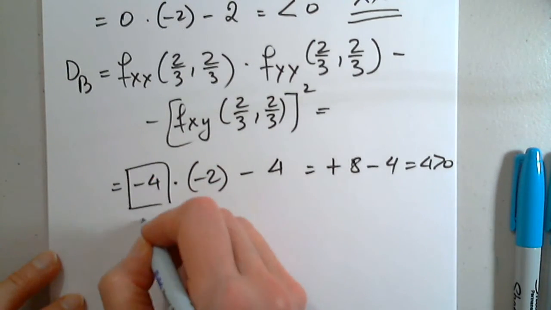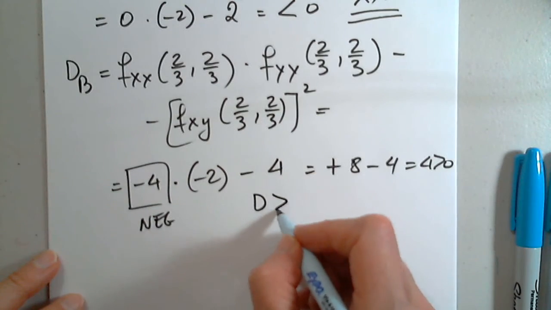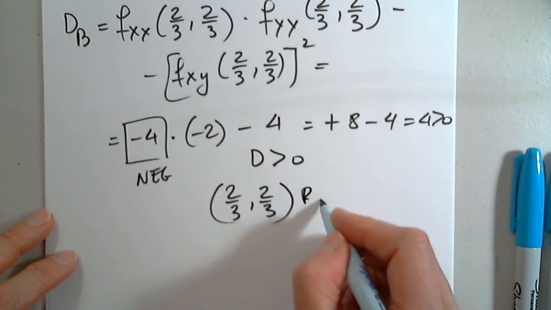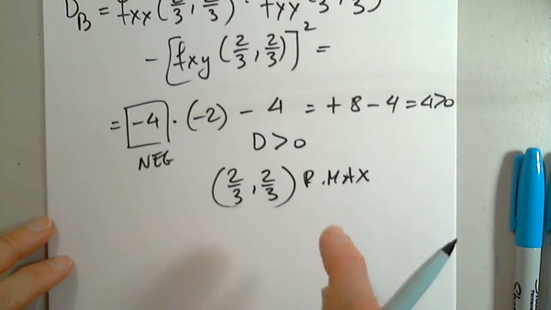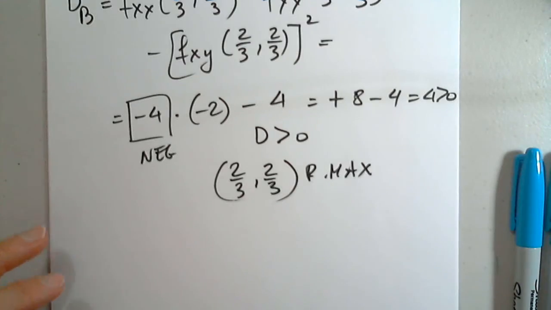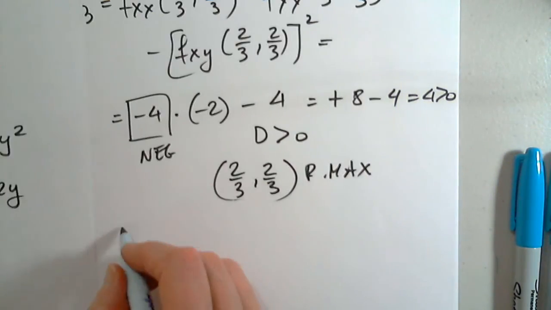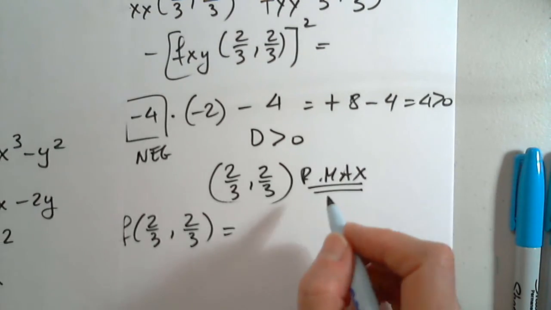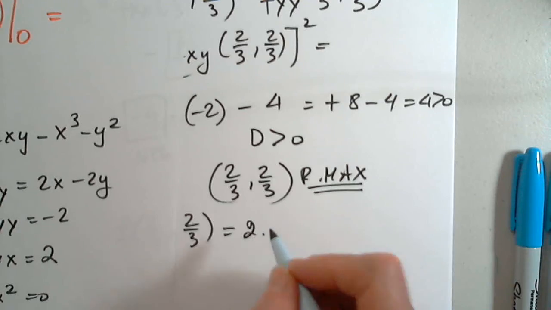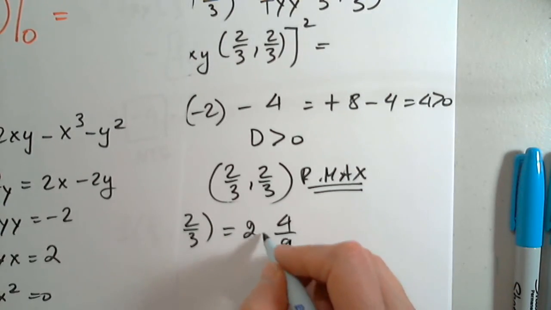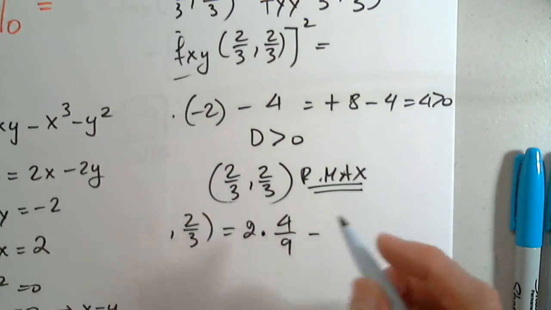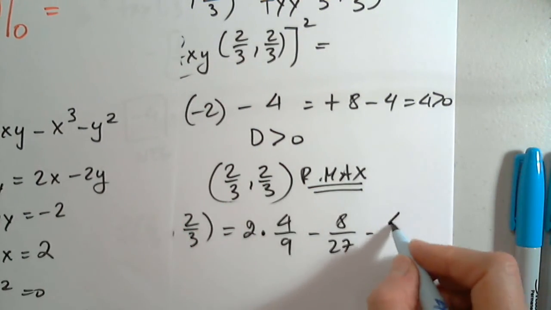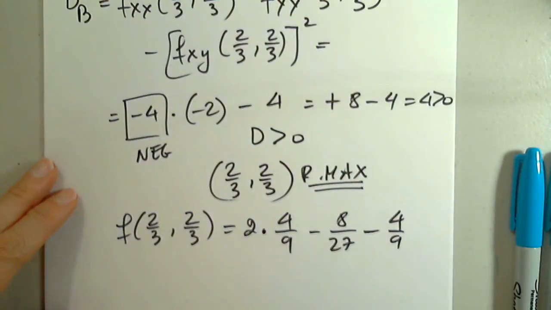Since fxx is negative and D is positive, this point (2/3, 2/3) is a relative max. In order to determine the relative max, I have to plug it into the function. So f of (2/3, 2/3) will be the relative max. 2 times this product, 4 over 9, minus this to the third, which is 8 over 27, and minus this squared, which is 4 over 9.